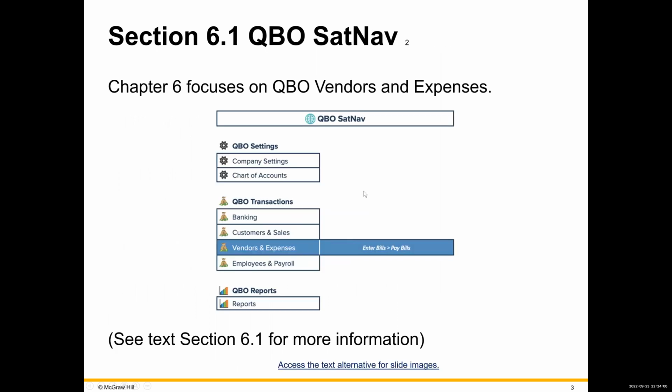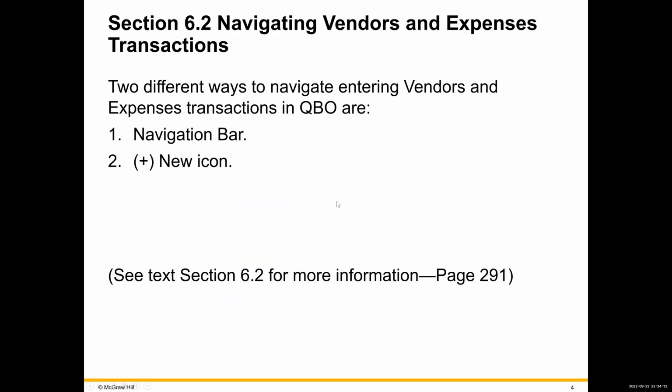Okay, to put things in perspective, our sat nav focus is going to be on transactions, specifically for vendors and expenses. There are two different ways to navigate entering vendors and expenses into QuickBooks, using the navigation bar and the new icon button.